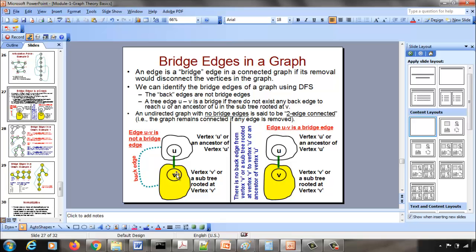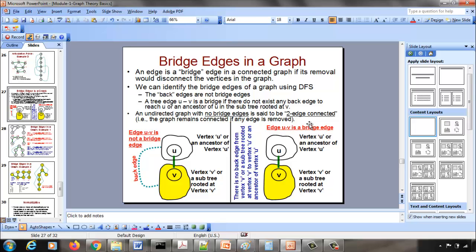For a simple reason: if there is a back edge that comes out of the subtree and goes to either U or anything above U, which is indicated with this circle here, then removing UV is not going to cut off any of the vertices. The graph is still going to stay connected because this back edge will be connecting the vertices of the subtree to everybody else. On the other hand, if there is no back edge that comes out of the subtree, then if I remove this edge UV, the subtree vertices are going to get disconnected from the rest of the vertices. So that's the rule.